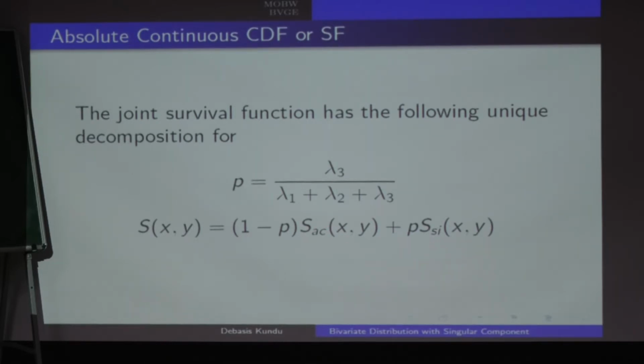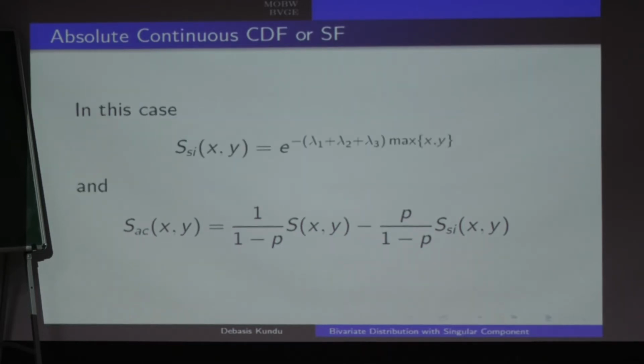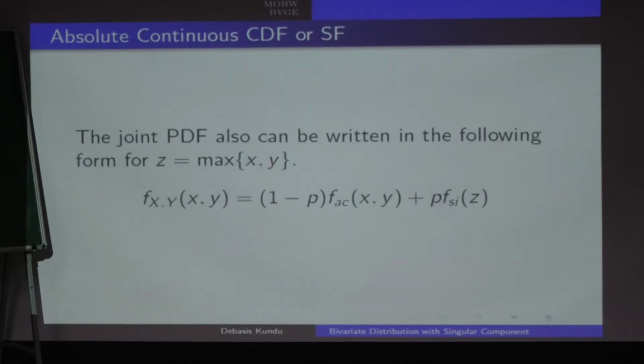In this particular case, I can get those in an explicit manner, because I have this S of x, y. I have this singular one, and I can use that to get the other one. The singular component is nothing but the exponential one, and the absolutely continuous one is this minus this. So I can get back those decompositions in a unique manner.